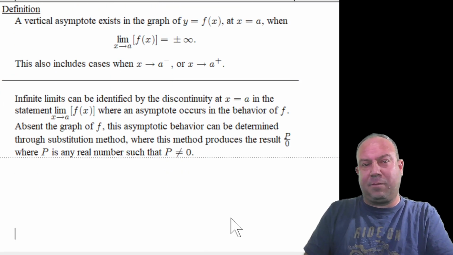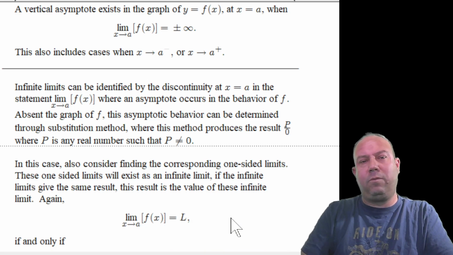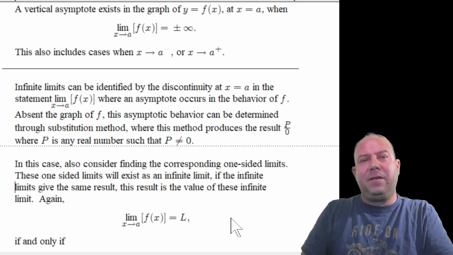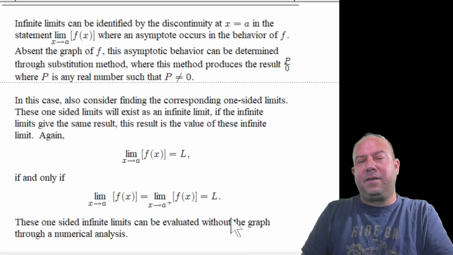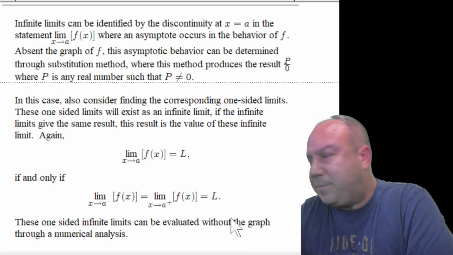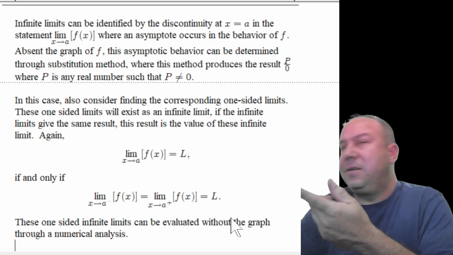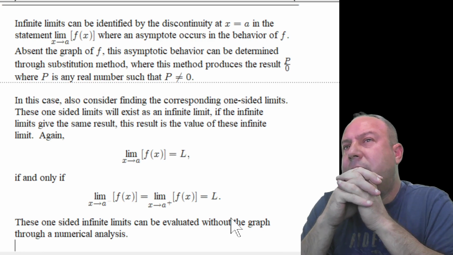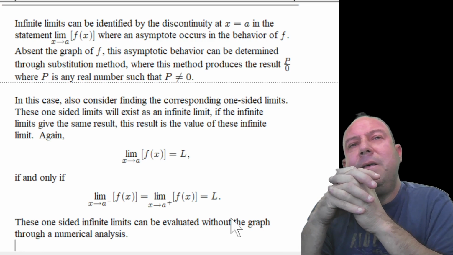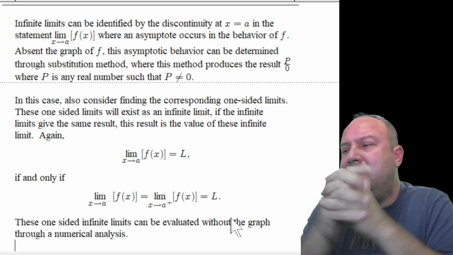Let's look at an example. I also go on to note then, when you do encounter this case of asymptotic behavior for your discontinuity, you want to consider then finding the corresponding one-sided limits.